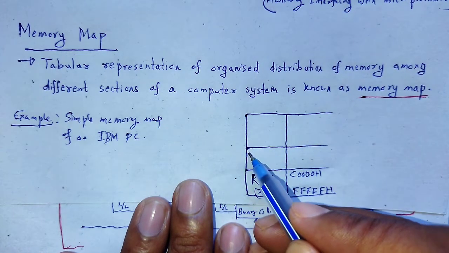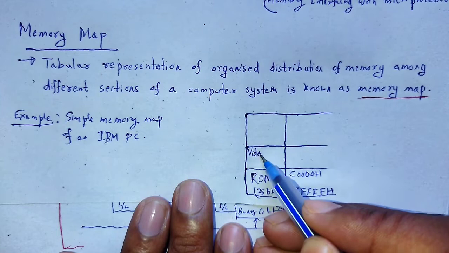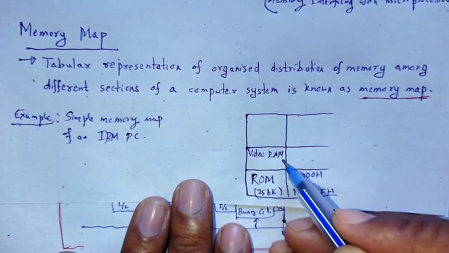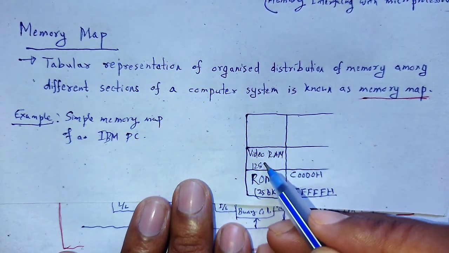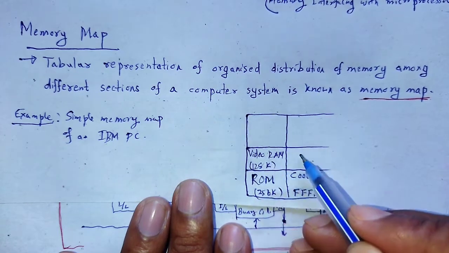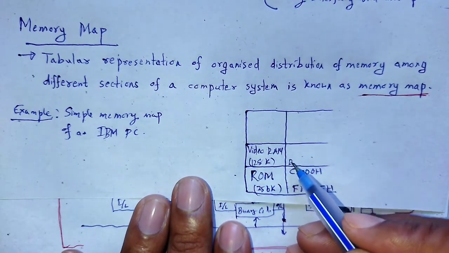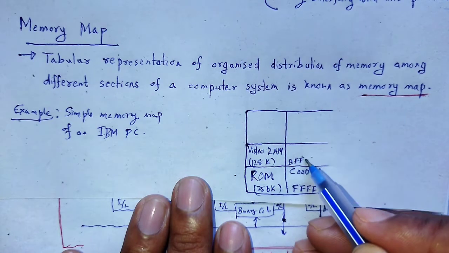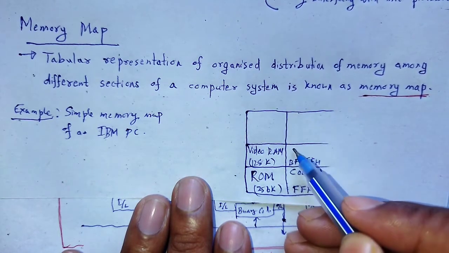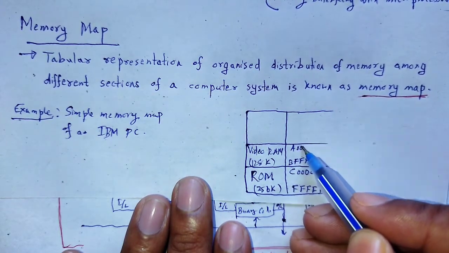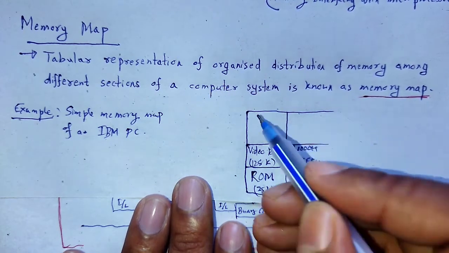For video RAM (128K), its range is BFFFFH to A0000H.